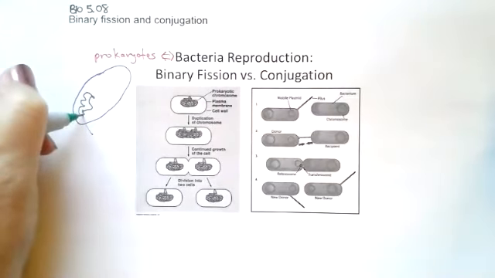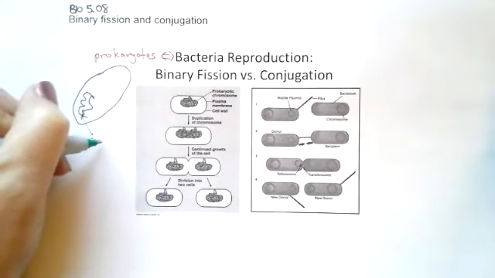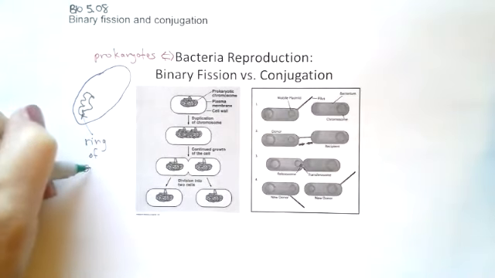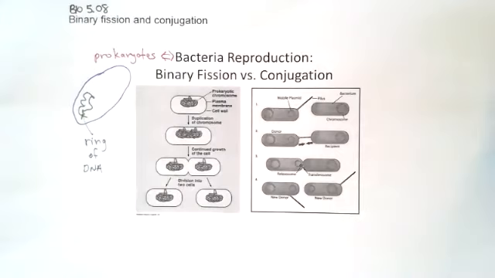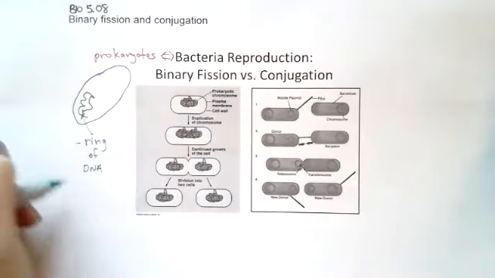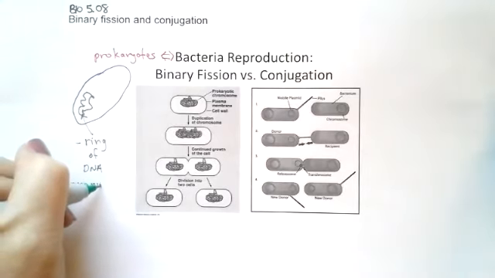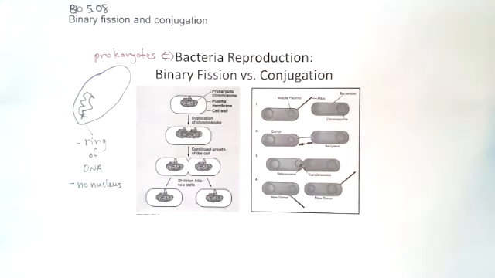So this is bacterial DNA and it's in a ring, and it floats around. There's no nucleus. Remember again, that's one of the things about bacteria. They don't have a nucleus, and they've got this ring of DNA that's free floating.